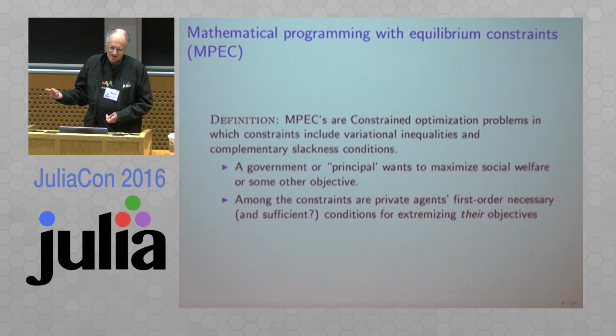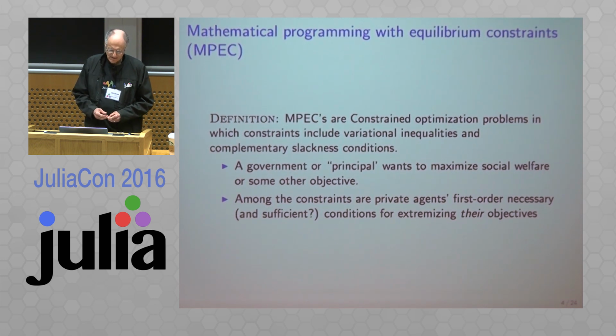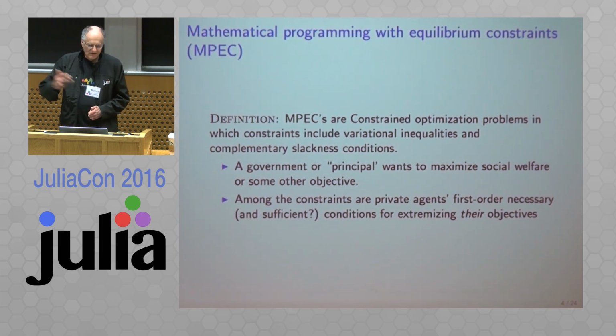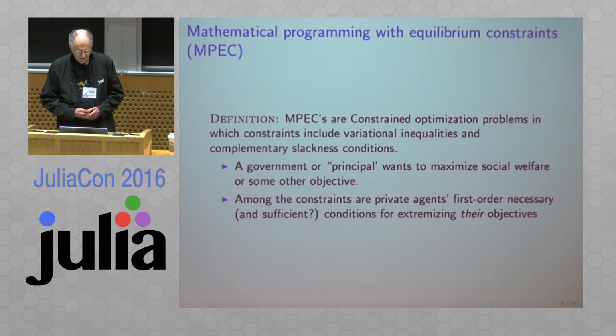Those variational inequalities or complementary slackness conditions, I'm referring to Kuhn-Tucker, describe the optimizing behavior of other people than the person solving this constrained optimization problem.